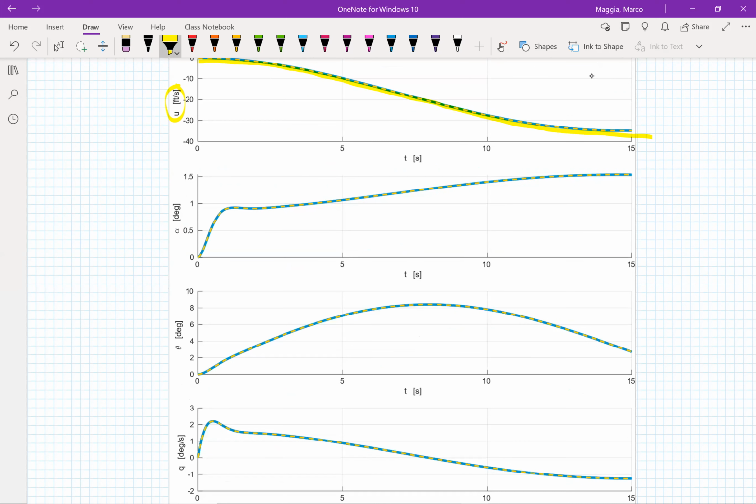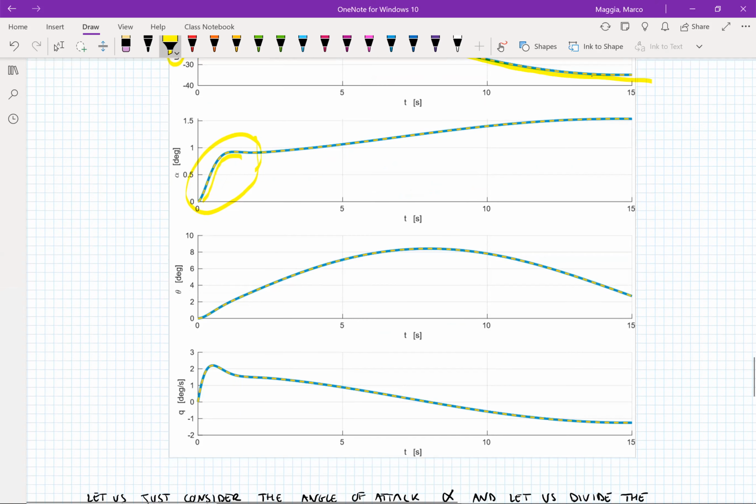Whereas for the angle of attack, you see this little sudden increase in the beginning. That is characteristic of the short period mode. And you can slightly see it on the pitch angle, and it's definitely more pronounced for the Q component of the angular velocity.